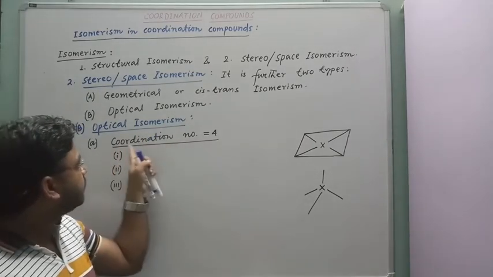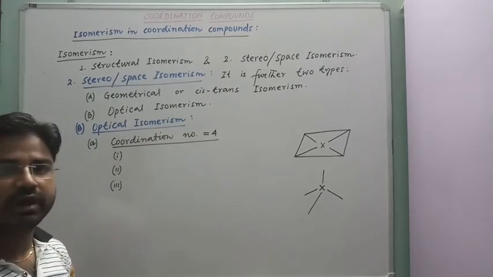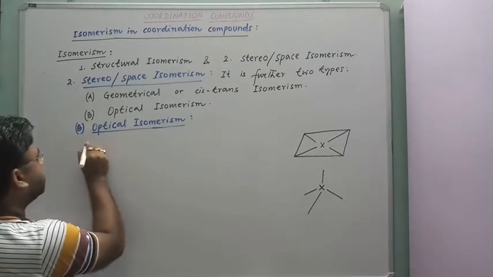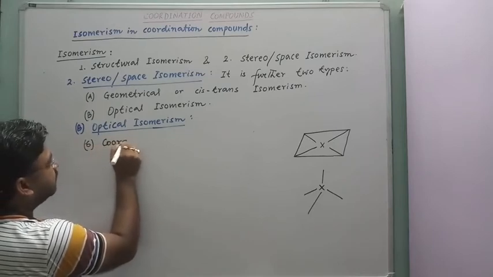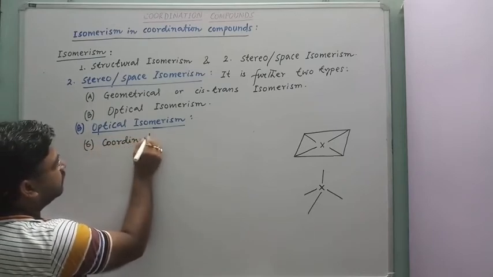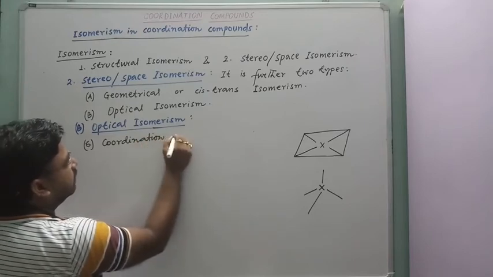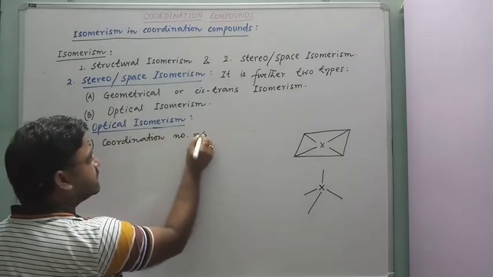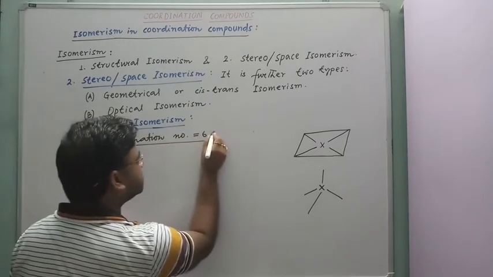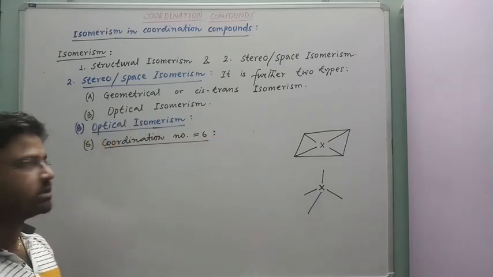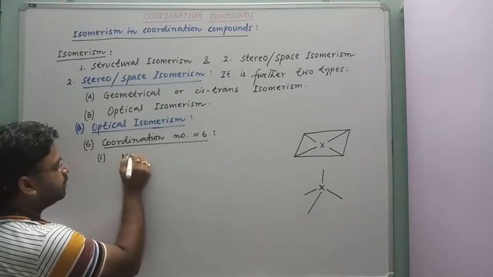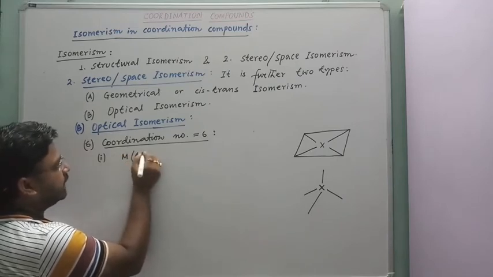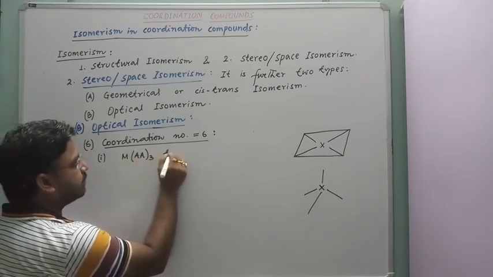We are going to go with coordination number 6, that is octahedral complexes. Number B, coordination number 6. So coordination number 6, that means octahedral complexes. Here the first example is MAA3 type.